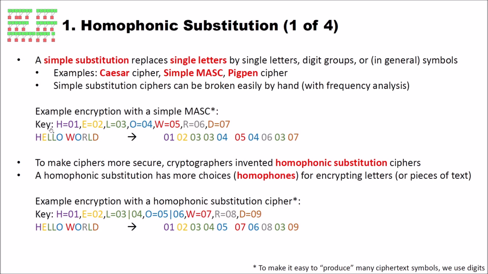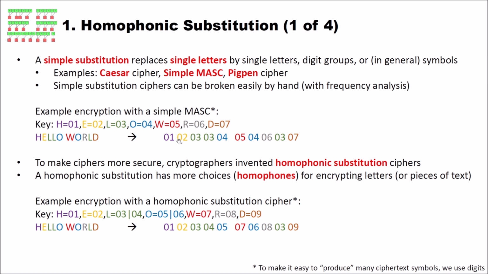For instance, our key is H equals 1, E equals 2, L equals 3, O equals 4, W equals 5, R equals 6, and D equals 7. We can think of all the other letters of the alphabet also having a 2-digit ciphertext symbol assigned. And when we encrypt the text Hello World, we just replace each letter by the corresponding ciphertext digit combination.